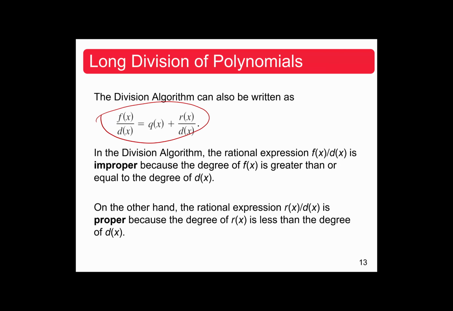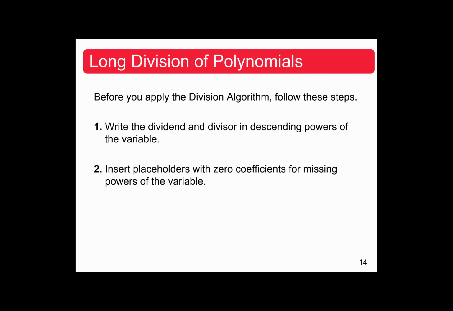And sometimes f of x over d of x is improper because the degree of f of x is always greater than or equal to the degree of d of x. And typically r of x over d of x, meaning remainder over divisor, is always a proper fraction because the degree of r of x is always less than the degree of d of x.